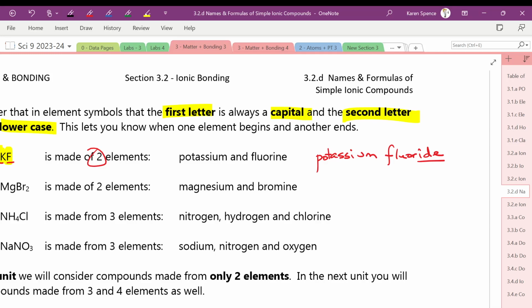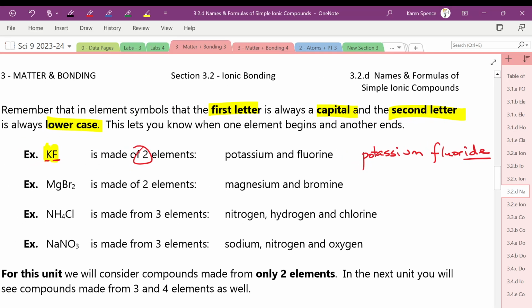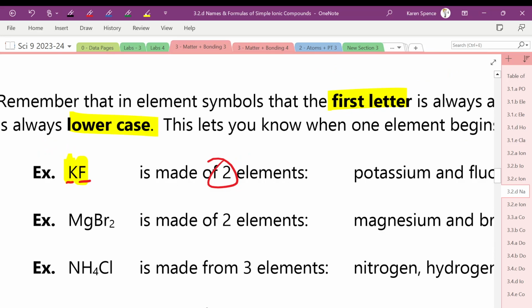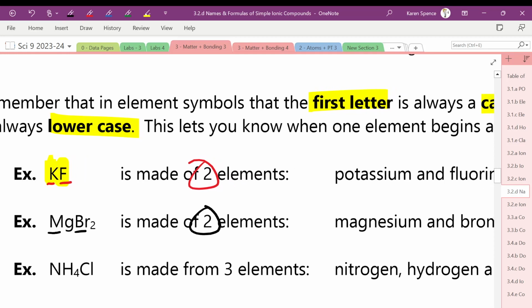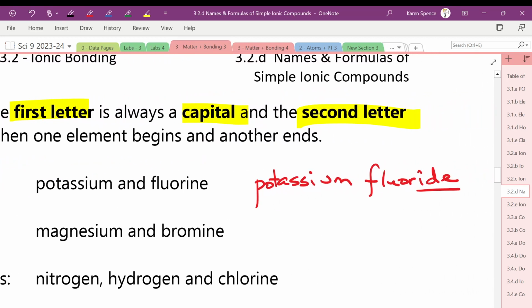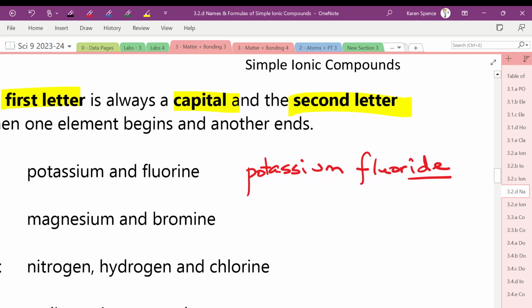MgBr2. How many elements are in MgBr2? 2, because we have 2 capital letters. So it's 2 elements. The elements are magnesium and bromine. What would we name that compound?